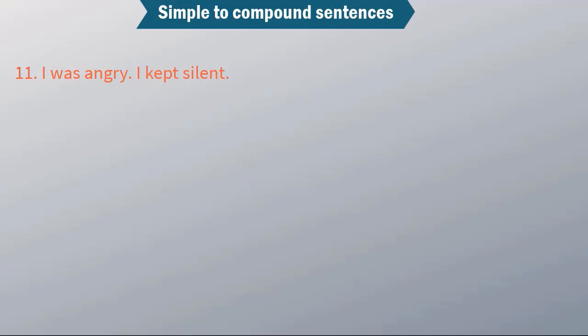Example, I was angry, I kept silent. There is a relation between these two sentences. And since there is, we are going to change them into a compound sentence. I was angry, yet I kept silent. I was angry, yet coordinating conjunction, I kept silent. Got it? So that's how we change a simple sentence into a compound sentence.